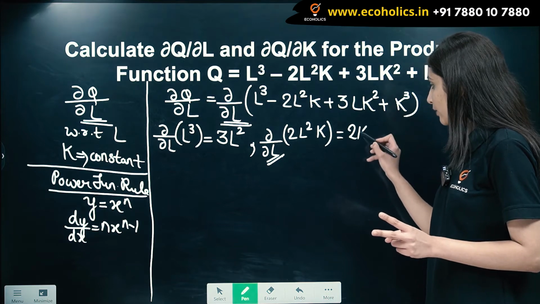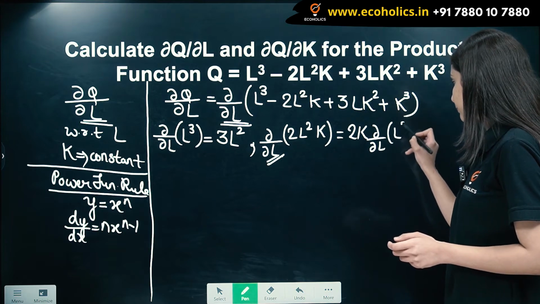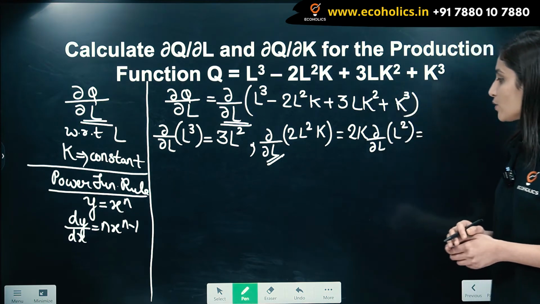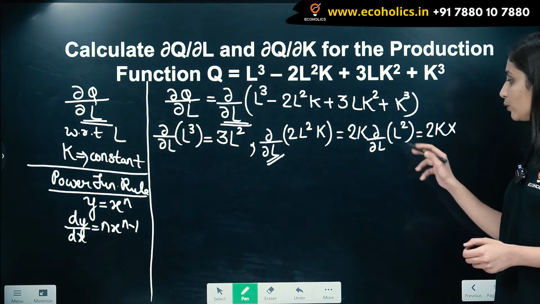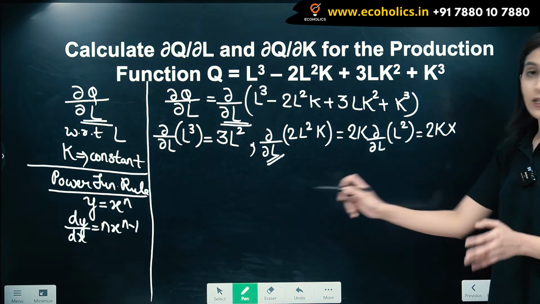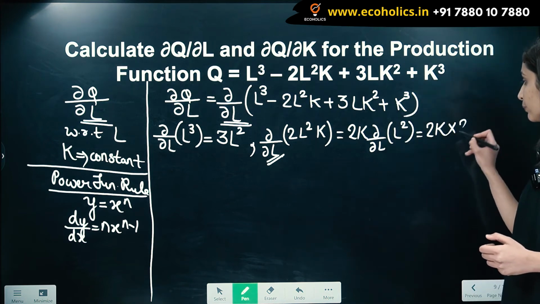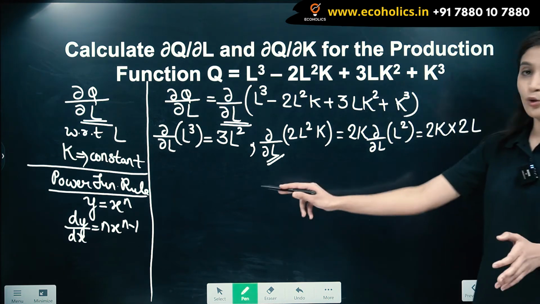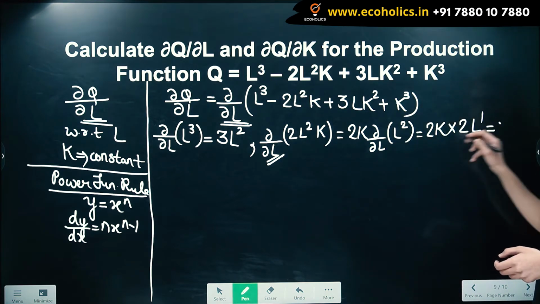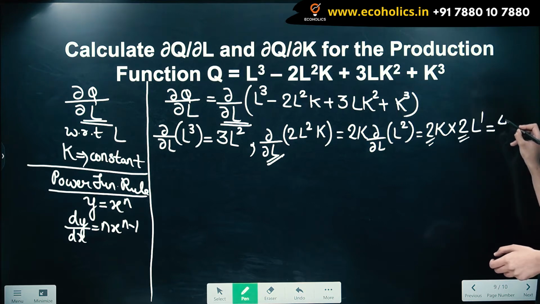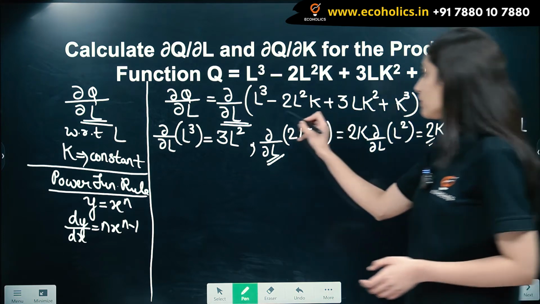We'll take them out and we are only going to differentiate L². So we get 2k into, differentiation of L², again using our power function rule, 2L raised to 2 minus 1, which is 1. So this becomes 2 2s are 4kL. This is the derivative for this term.